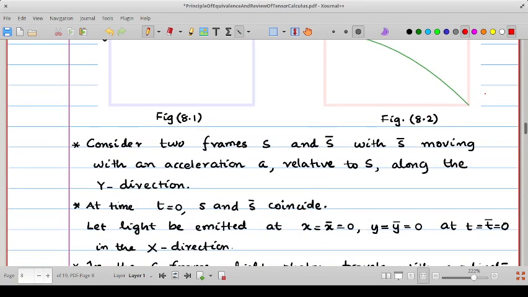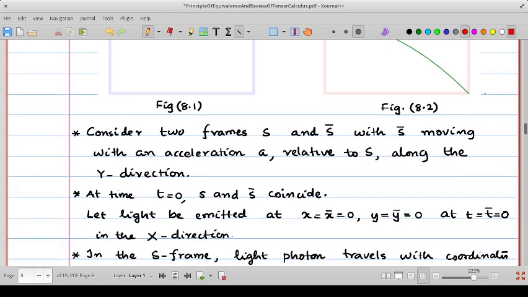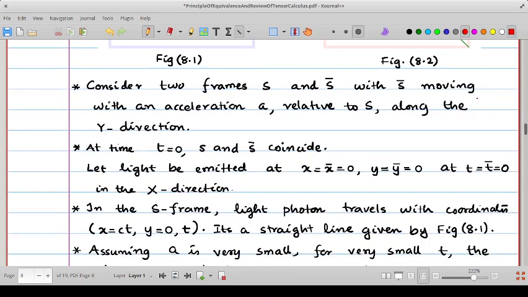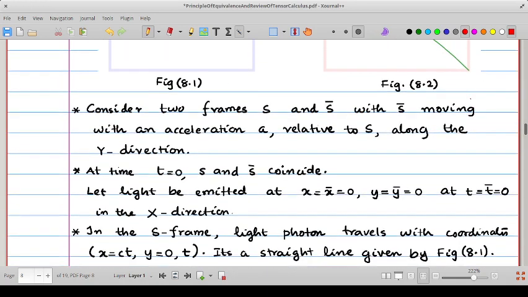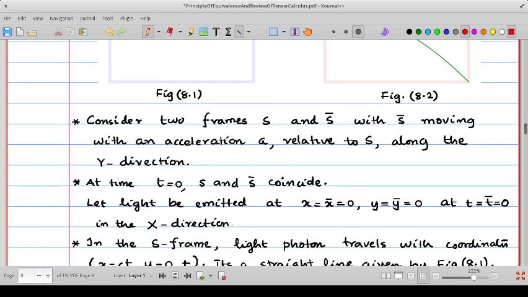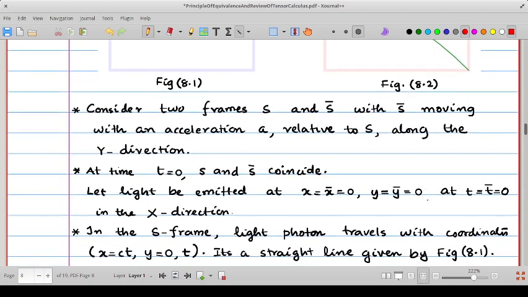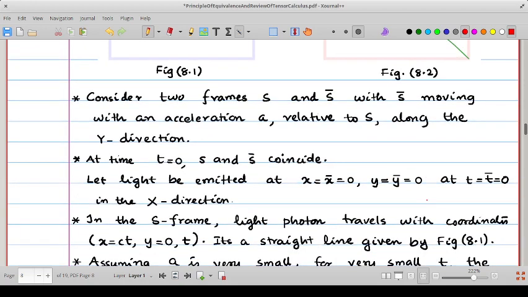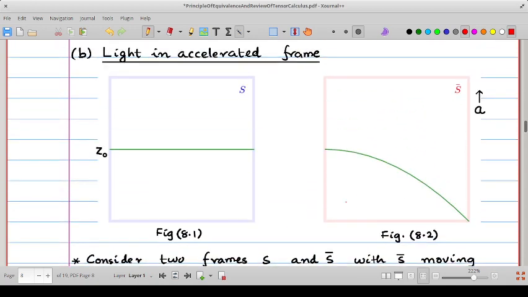At time t equal to 0, we assume that S and S bar coincide, and a light is emitted at x equal to 0 and x bar equal to 0, y equal to y bar equal to 0, and at time t equal to t bar equal to 0 in the x direction. So light is emitted at the origin, and the origins of S and S bar coincide at time t equal to t bar equal to 0.